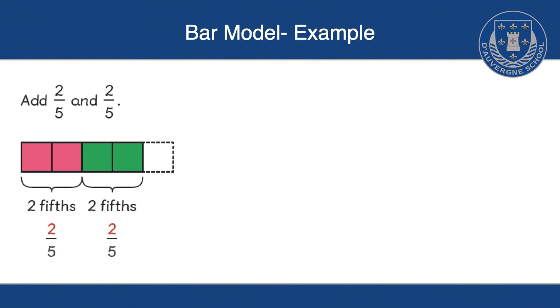And the dotty box is because there are 5 pieces all together, hence the denominator number of 5. So if we add those together, 2/5 add 2/5 will make 4/5. And hopefully you will visually be able to see, as well as looking at the fraction, that there's 1/5 still left that hasn't been eaten.